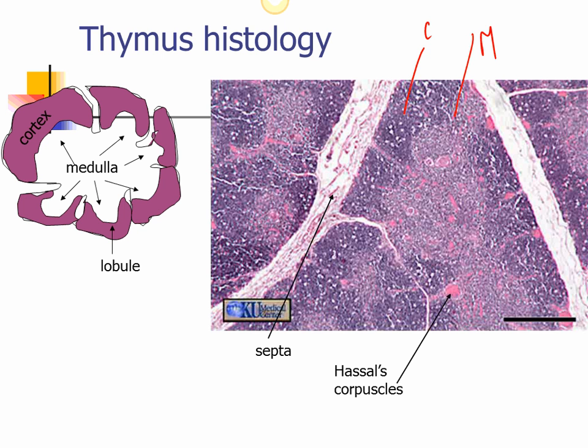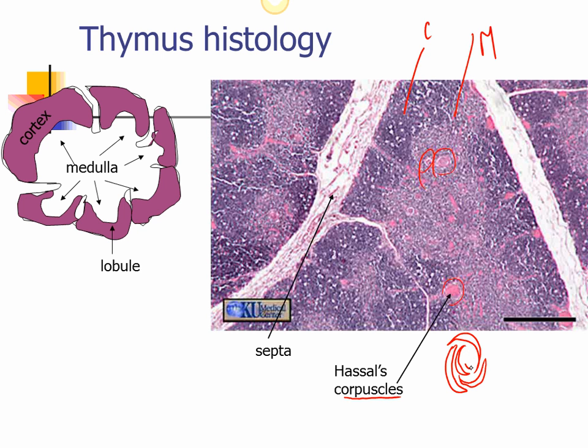Very characteristic of the medulla is the presence of these round pink structures, which you can see here, known as Hassall's corpuscles. This is a very typical feature of the thymus. If you look at Hassall's corpuscle, it has an onion peel-like appearance.